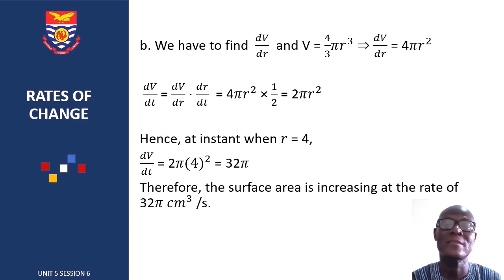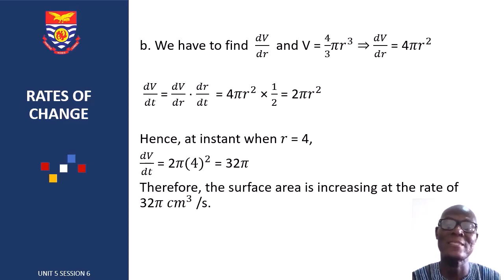And hence, substituting dV/dr and dr/dt, we have dV/dt equal to 4πr² times 1/2, which is equal to 2πr².